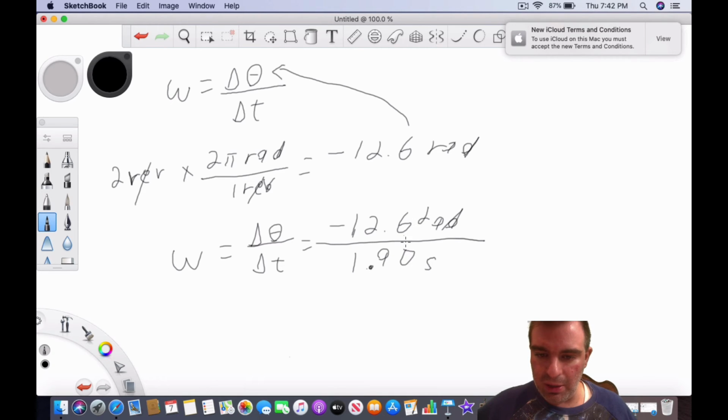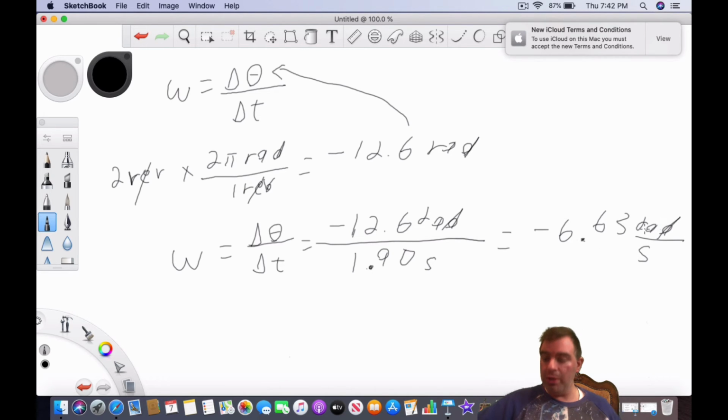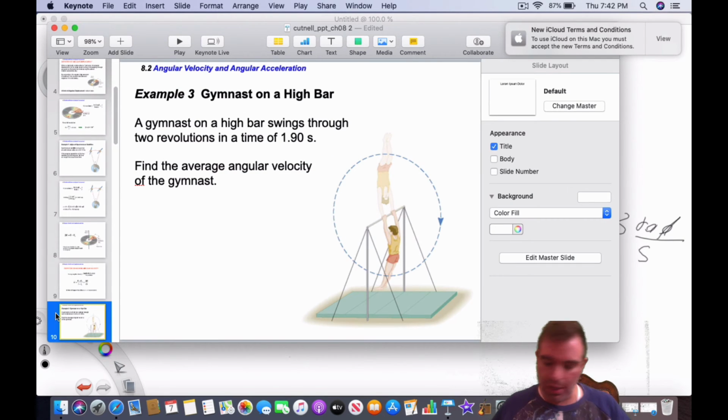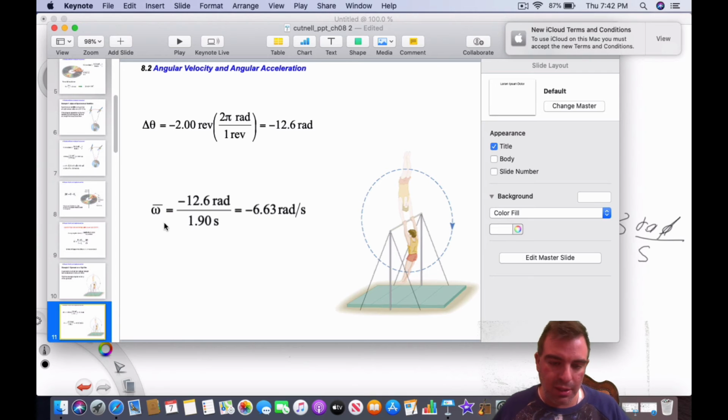If we divide these two, that is negative 6.63 radians per second. Notice how it's very similar to linear, but instead of meters per second, it is radians per second. If I toggle back into our presentation and go a little bit down, I can see that's exactly what we got, negative 6.63 radians per second.